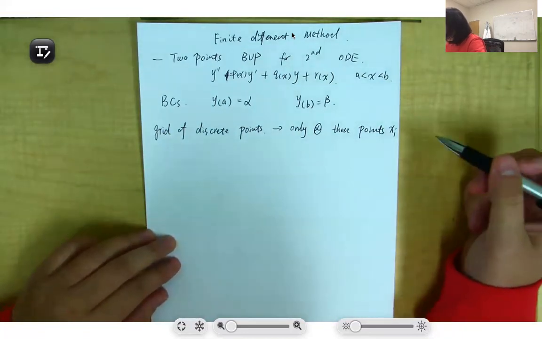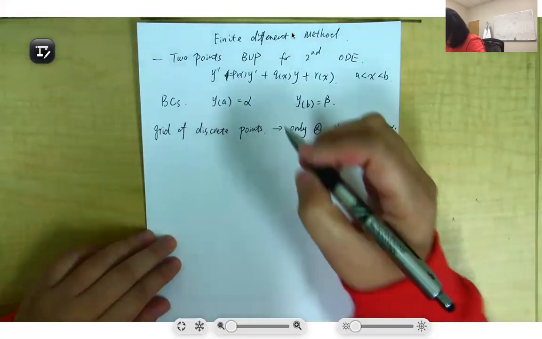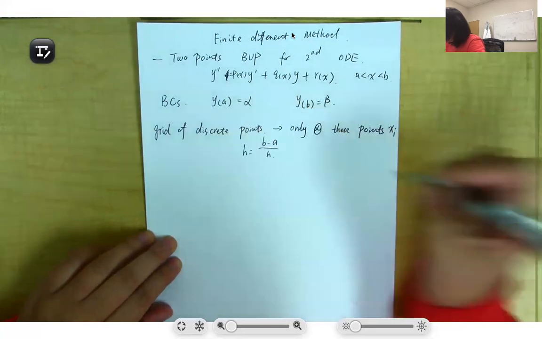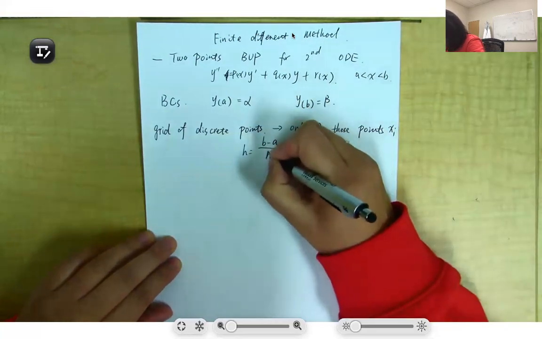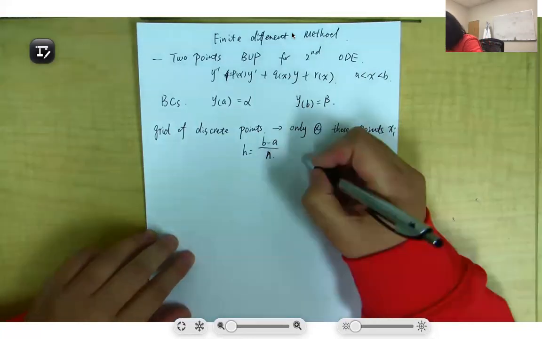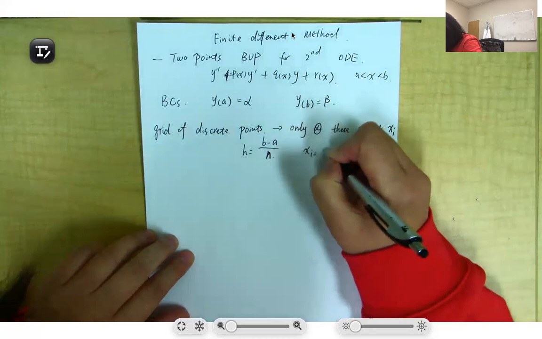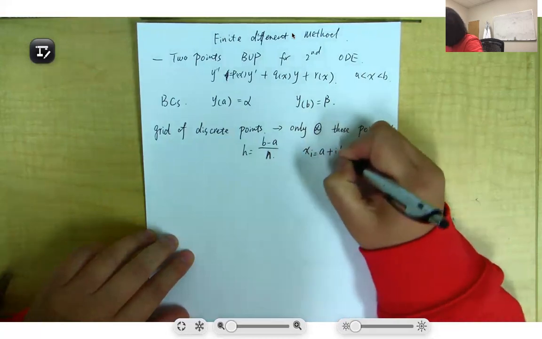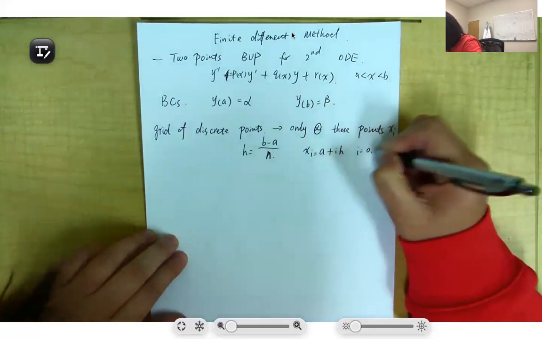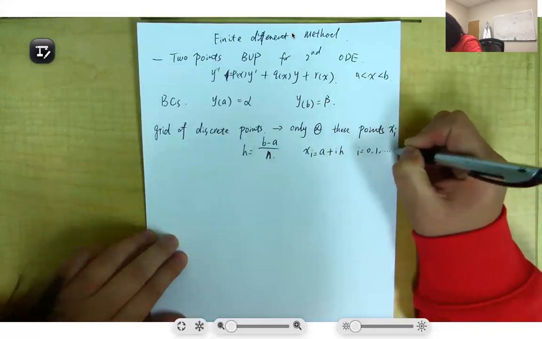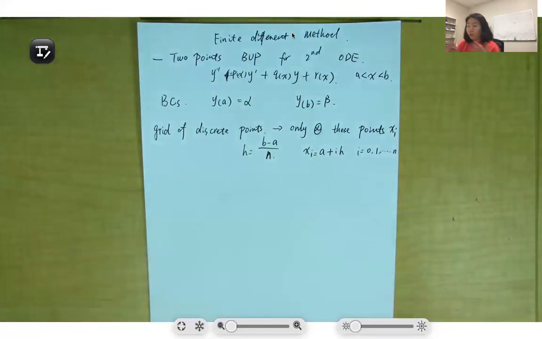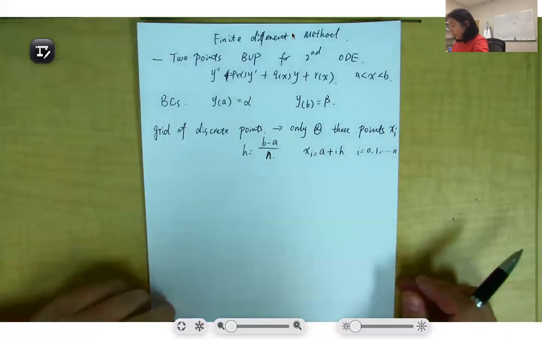And what is this xi? h will be b minus a divided by n, meaning you have n intervals between your initial and final points, and xi will be a plus ih, with i starting from 0, 1 until your final point n, so that it ranges from the initial to the final point.